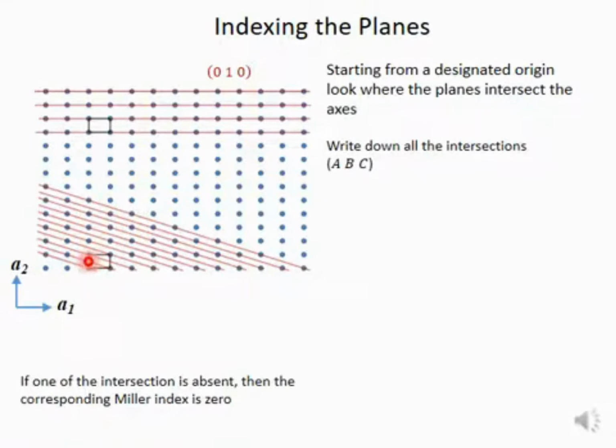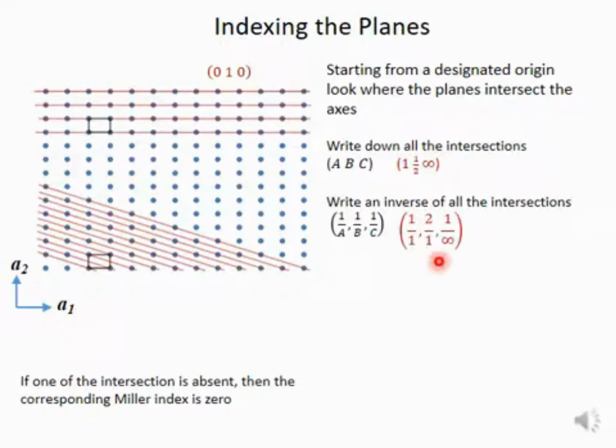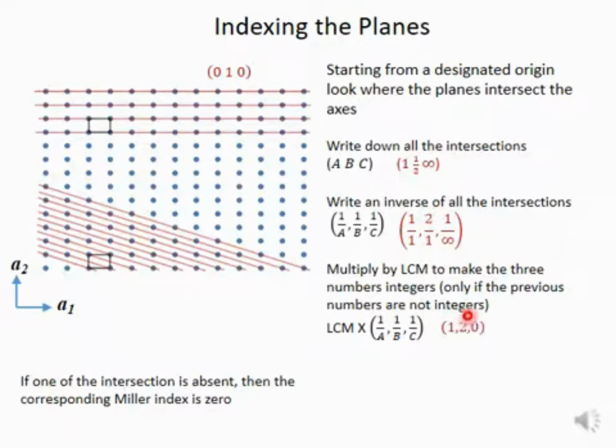Then check where this plane intersects a2, and you find this distance is 1 and this distance is 1/2. So the first intersection is 1, the second intersection is 1/2, and the third intersection is infinity, because the plane extends infinitely.